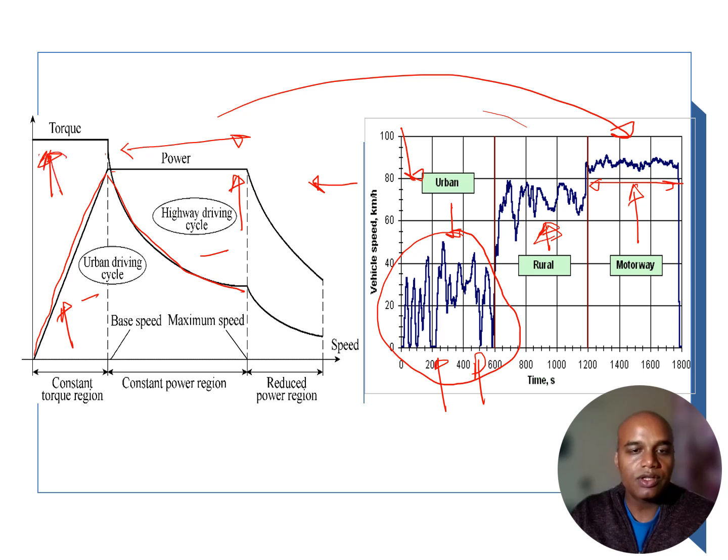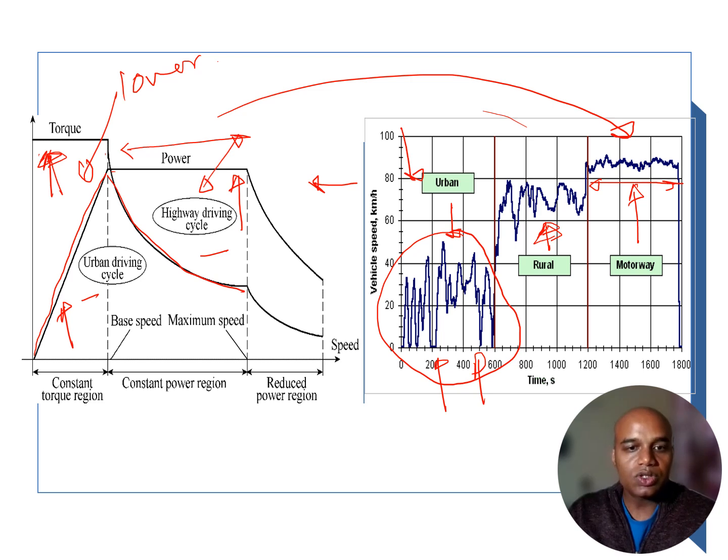Therefore, the fuel efficiency is lower in the urban drive cycle, whereas the fuel efficiency is higher in the highway drive cycle.